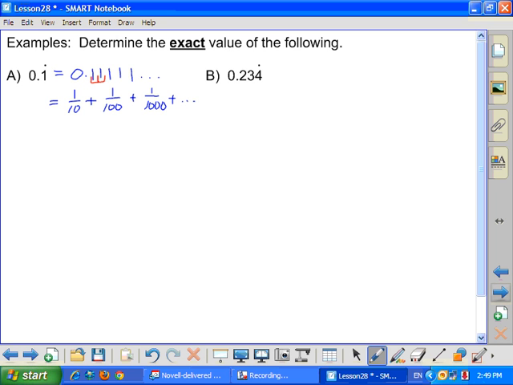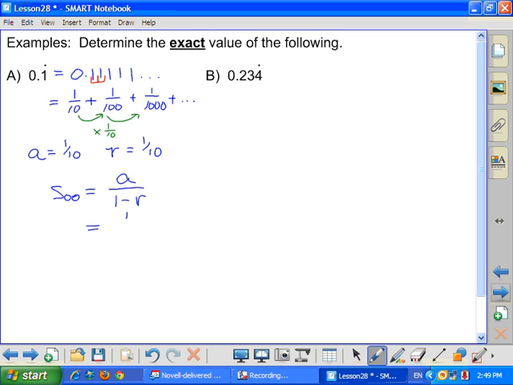So what's the multiplier here? How do we move from one term to the next? We're multiplying each fraction by 1/10 every time. So I know a is 1/10. a is the first term in a sequence or series. r is the rate that it's increasing by, or decreasing by, in this case, so it'd be 1/10. So the sum, excuse me, of an infinite series is equal to a over 1 minus r.